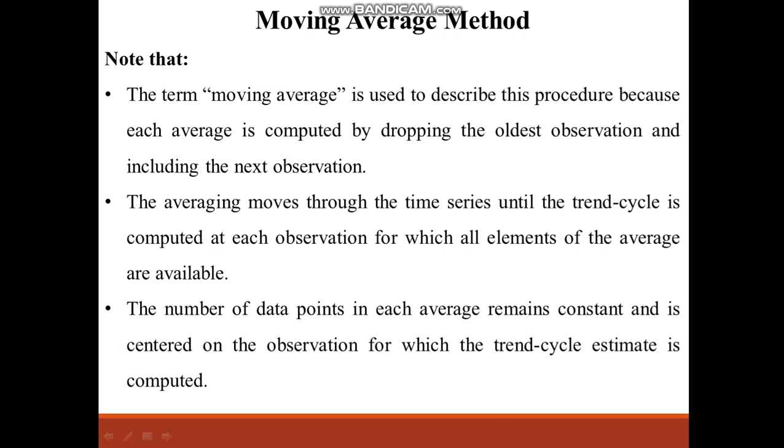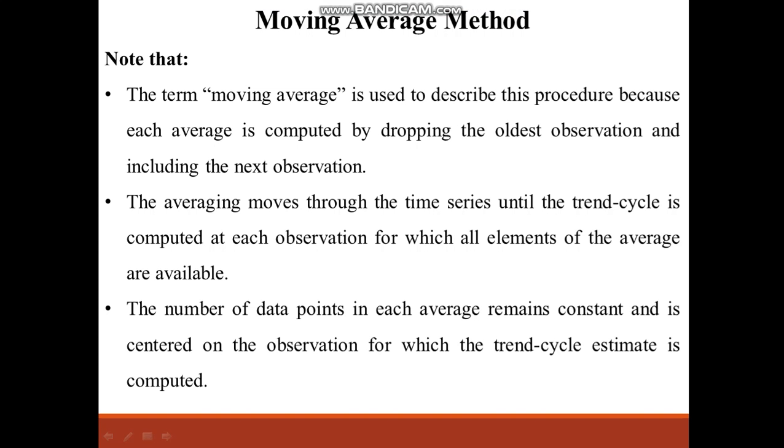Note that the term moving average is used to describe this procedure because each average is computed by dropping the oldest observation and including the next observation. So we drop the oldest and add the newest, until we reach the end of the table.